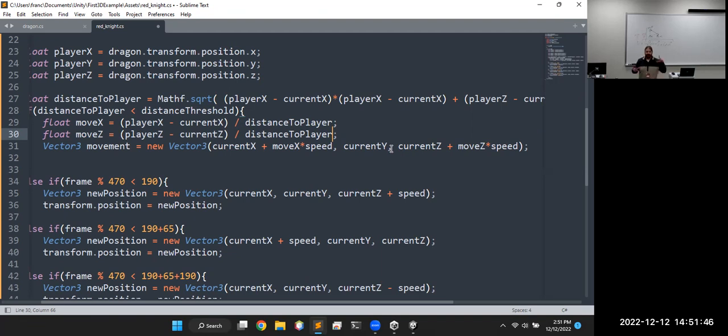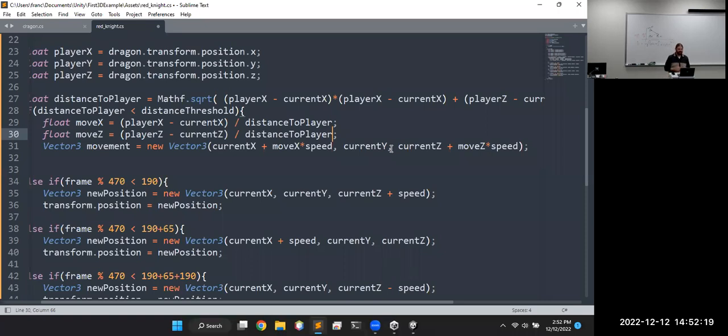Make sure you're following the right order for the positive or negative value. That is a delta, just a measurement of change, and change is always the end minus the beginning. So we want our movement to end where the player's at and start where we are at. So you want to make sure you go player minus our own position in that order, end minus beginning, and sometimes we have to twist the words around to make sure we have the right order.